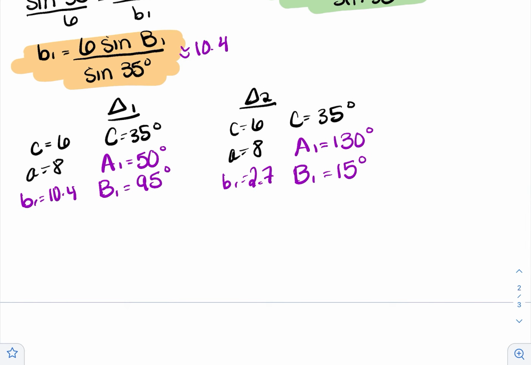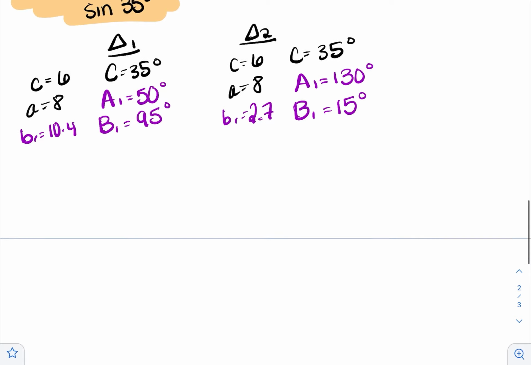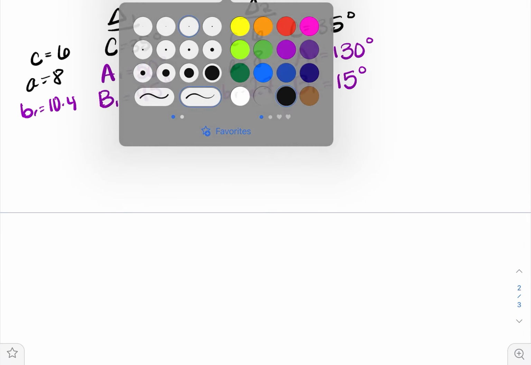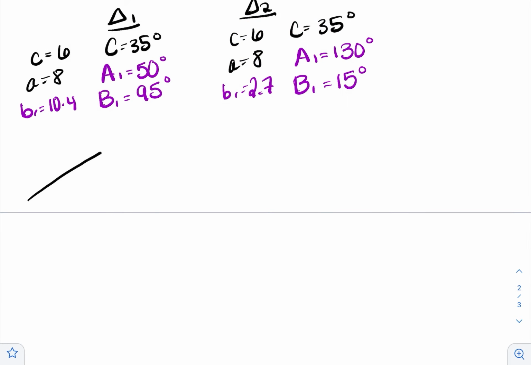So now you can take a look. The largest angle is with the largest side and so on. So in triangle 1, the largest angle and side is B. But in triangle 2, the largest side and angle is A. So if we were to draw a visual of that, we would begin, oops, actually, let me do this one first.